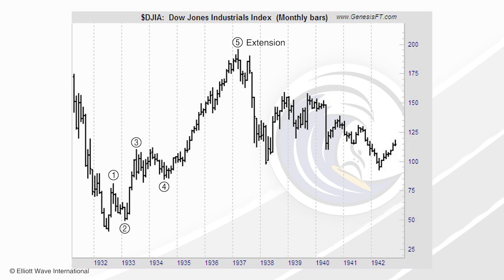In impulse waves, waves 1, 3, and 5 must also subdivide into 5 waves. In an impulse wave, wave 4 can never overlap the price territory of wave 1. You can also see the corrective structure that followed this 5-wave advance, labeled A, B, and C, and we'll talk more about corrective structures later in this video.